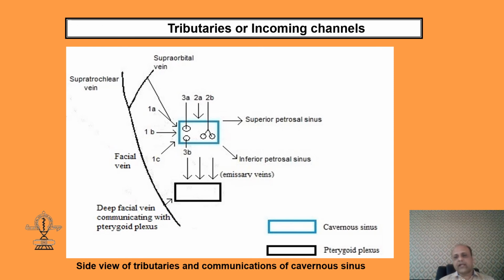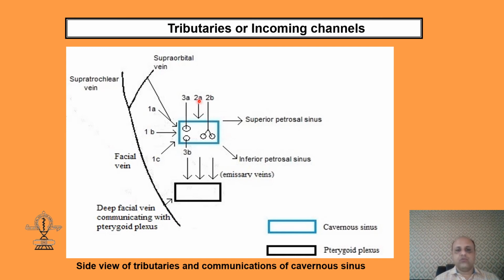And let us look at this diagram again carefully. So we have got the incoming channels from the orbit: superior ophthalmic vein, inferior ophthalmic vein, central vein of retina. We have got the incoming channels from the meninges, and we have got the incoming channels from the brain.